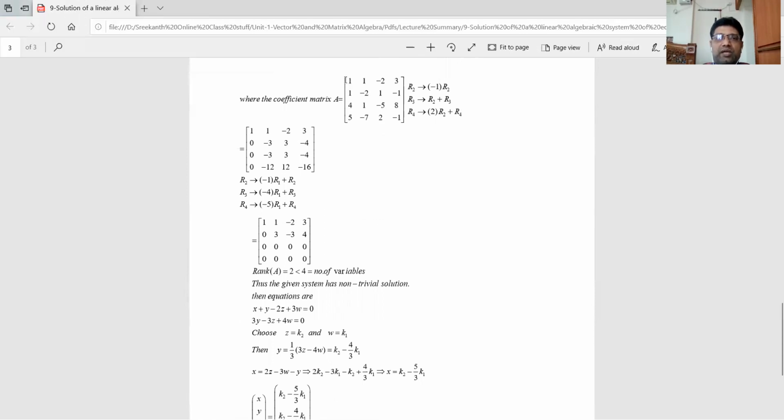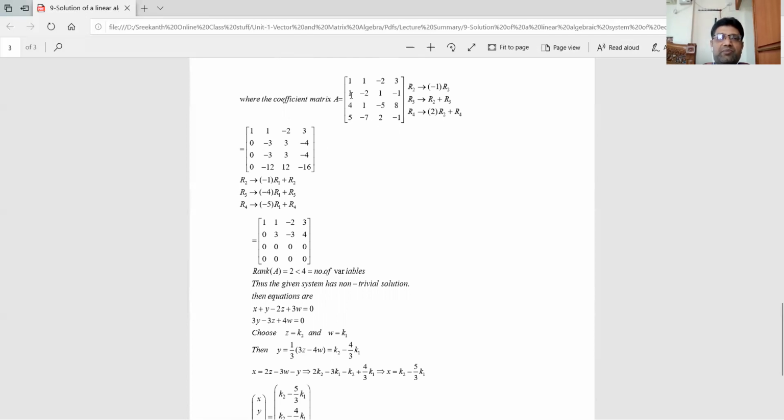To reduce this into echelon form means I have to make it an upper triangular matrix. That means you have to make these entries 0: the 1, 4, 5 make it 0. Similarly 1, minus 7 make it 0, and 2 also 0.